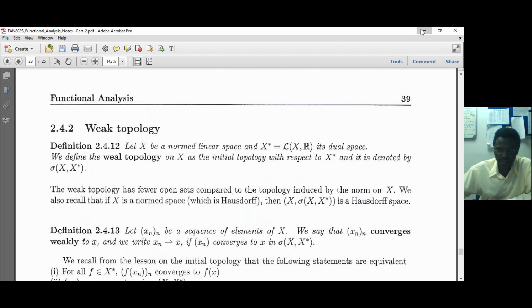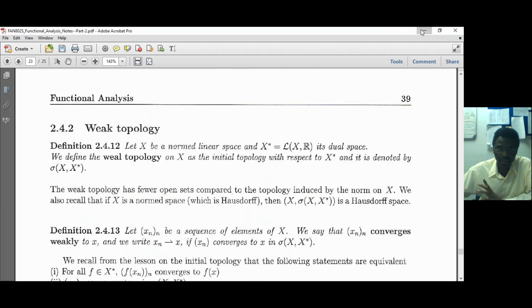Okay, so we are going to tackle the weak topology, but I want to do that in a certain setting that will allow you to better understand, right?